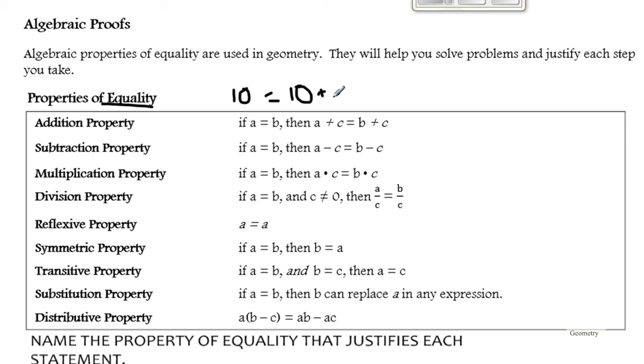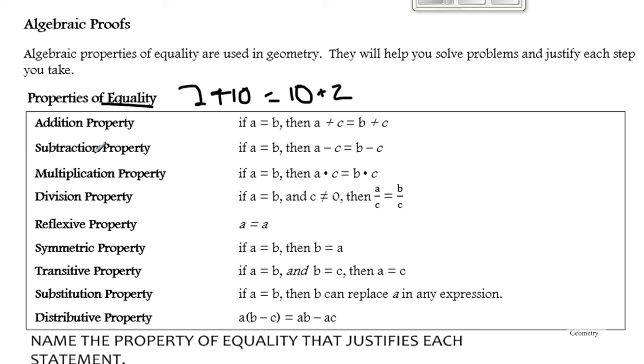That's the only way that this equation will be true. So if we add 2 to this side, the only way 10 plus 2 will equal the other side is if we add 2 to the other side as well. So we just call it the addition property. Anytime you see the same thing being added to both sides of an equation, that's the addition property.